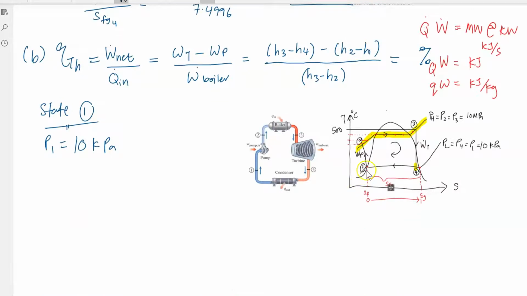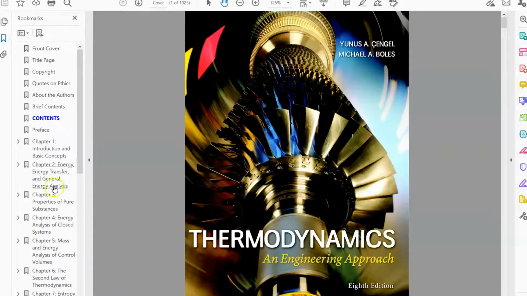In order for you to read your property table, you will need two known values. At state 1, your H1 is actually equal to your hf. Because you were given 10 kilopascal, you are going to read it from table A5, where the first column is your pressure.